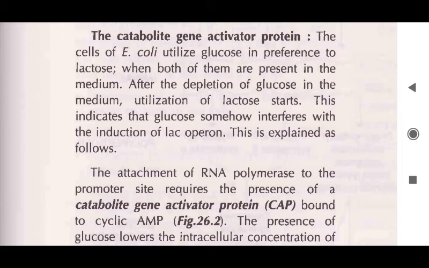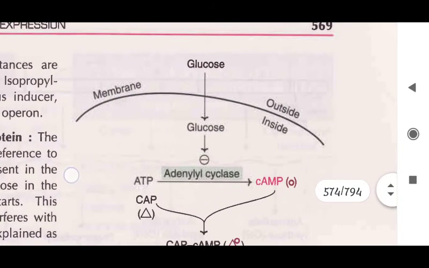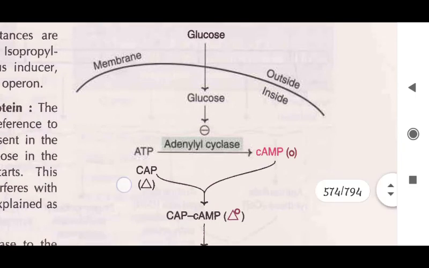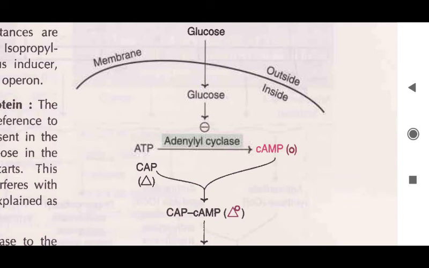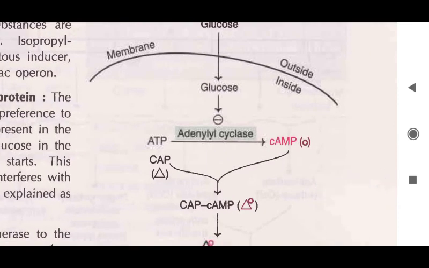How? If I look at the figure here, glucose can inactivate an enzyme. Glucose enters the cell and interferes with the enzyme adenylyl cyclase. Normally, adenylyl cyclase converts ATP into cyclic AMP.